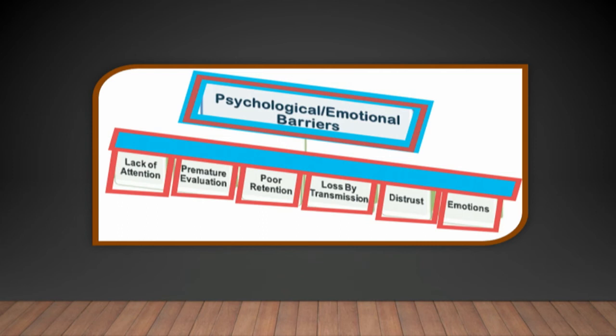We evaluate prematurely and make our mind that this is what this person is trying to say. Actually, if you listen to that person completely or till the end, the meaning might be very different. Then poor retention, you are not able to remember what is said for a longer period of time.